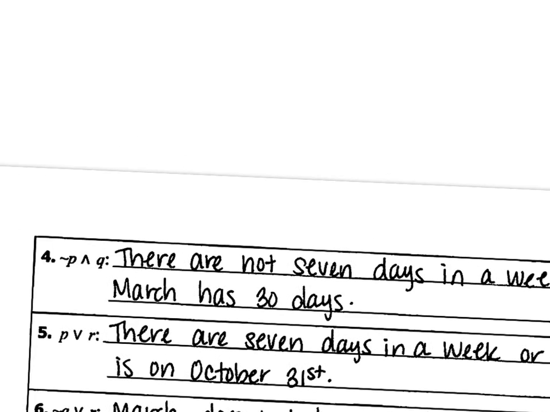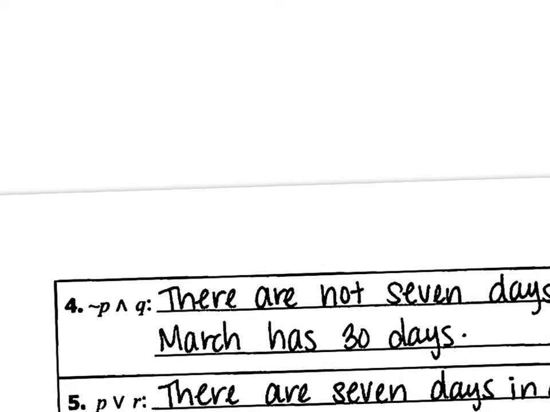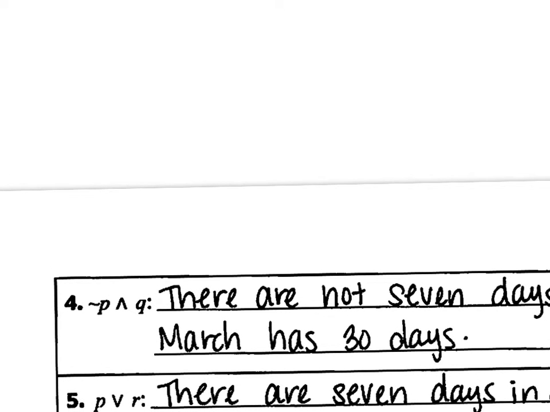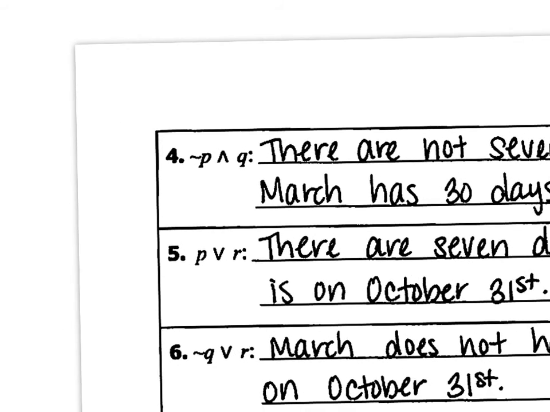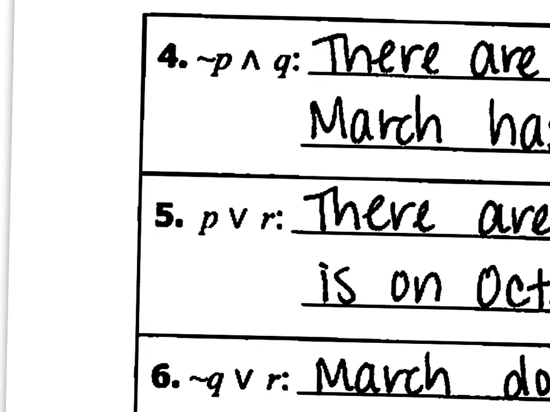So now we're going to practice some more examples. Here, we're going to write not P as a conjunction with Q. Number 5, we're going to write statements P and R. Notice my symbol here. This is my conjunction. This is my disjunction.